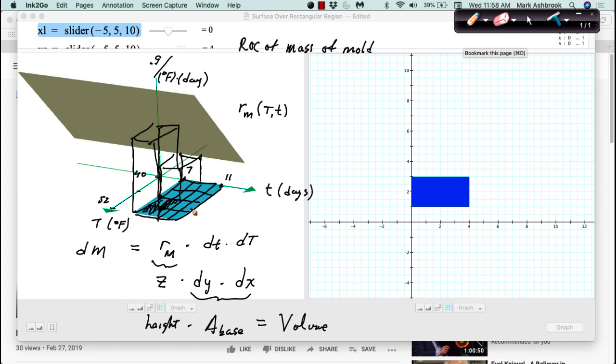So the finer we partition up that blue region, each time taking skinnier, smaller dx and smaller dy, skinnier rectangular columns, the tops of those columns are doing a better and better job of reproducing the actual surface.